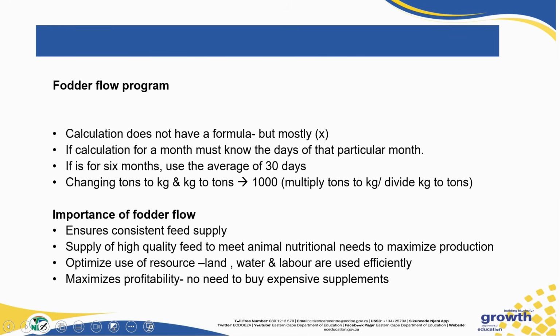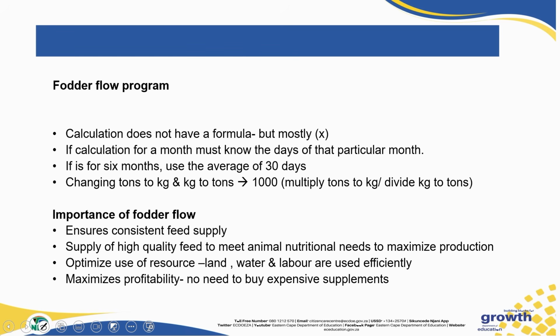If it is June, you know the days of June are 30. If it is March, you should know the days of March are 31. But if you are preparing fodder for animals for 6 months, we use the average days of the month, which is 30 days.